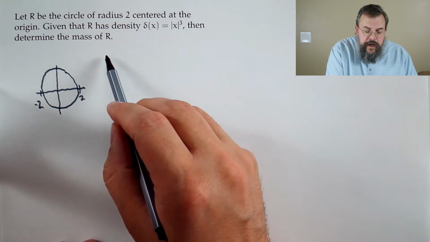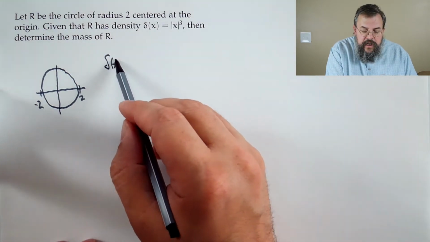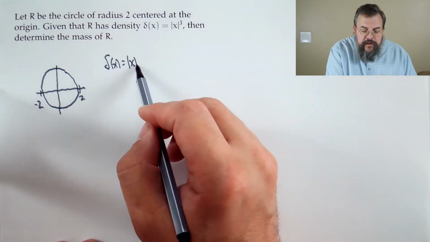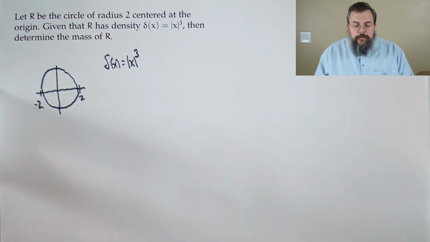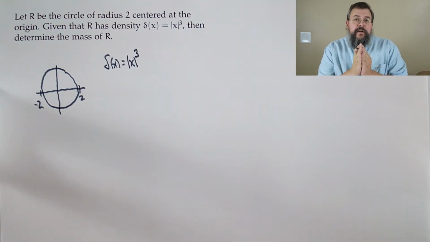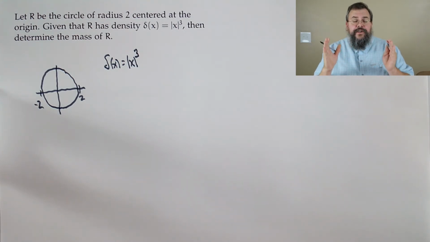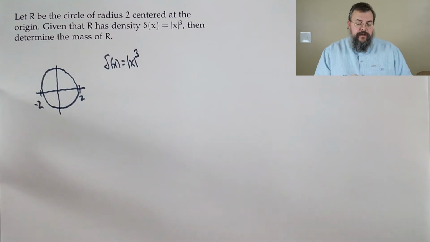So notice how our density is set up. Our density is the absolute value of x cubed, which means that when x is small, it's very non-dense. But as x gets larger, the density goes up.